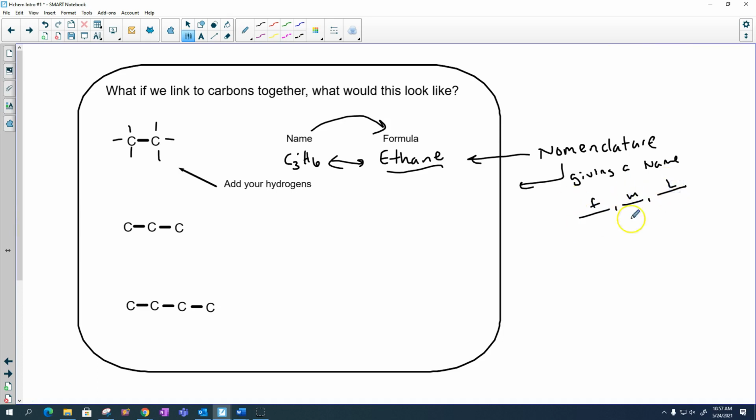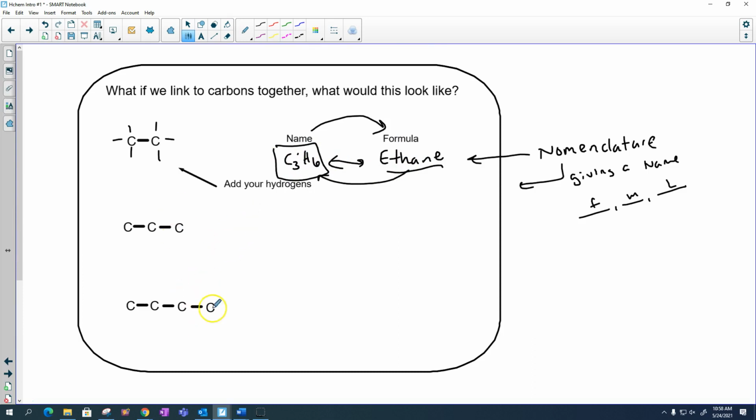And of course, typically in our culture, as families combine, we have little means by which we give names out. Same thing for chemicals. Nomenclature is how we give a name to that chemical. Given this name, how would I produce that? Alright, so that's where we're leading.